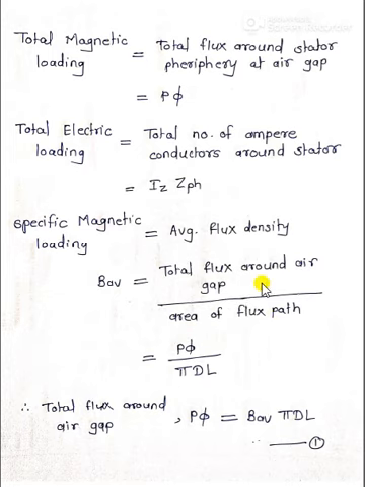As we know, total flux around air gap is number of poles into the flux per pole, and area of flux path is pi DL. Therefore total flux around air gap, that is P phi, we can write as B average into pi DL. Call this equation number 1.